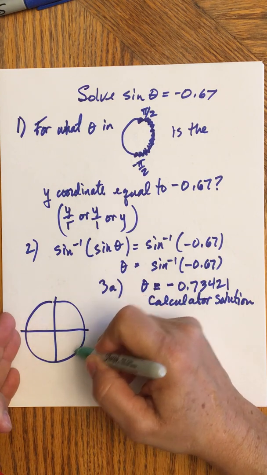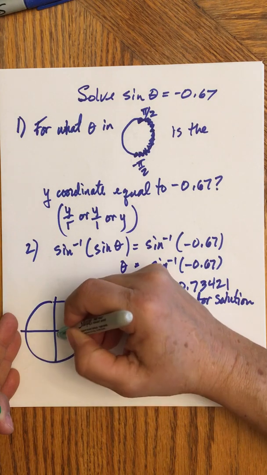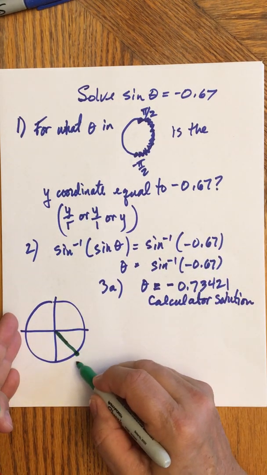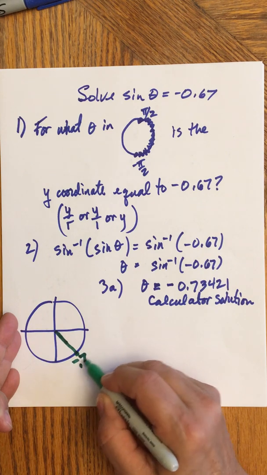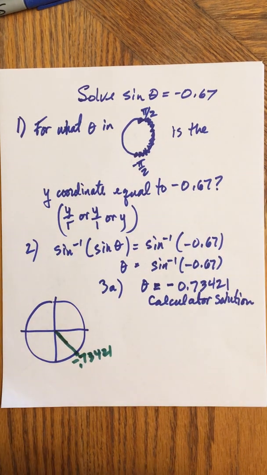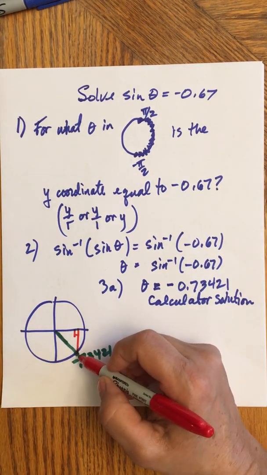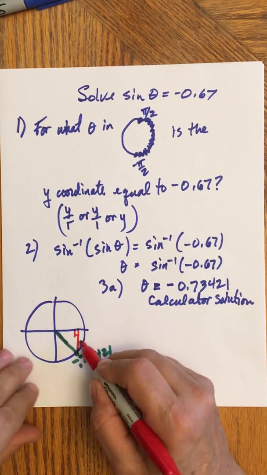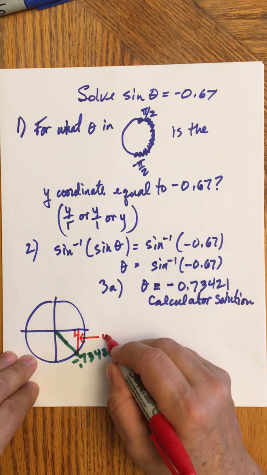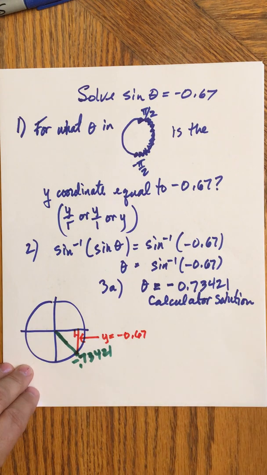So I don't even go 1 radian in the negative direction, so I'm probably somewhere like, I'm just going to guess here. So let's say that's negative 0.73421 radians. When I drop a perpendicular to the x-axis here, I have an x and y coordinate associated with this. The y coordinate is here, negative 0.67. So that's what that's telling me here.